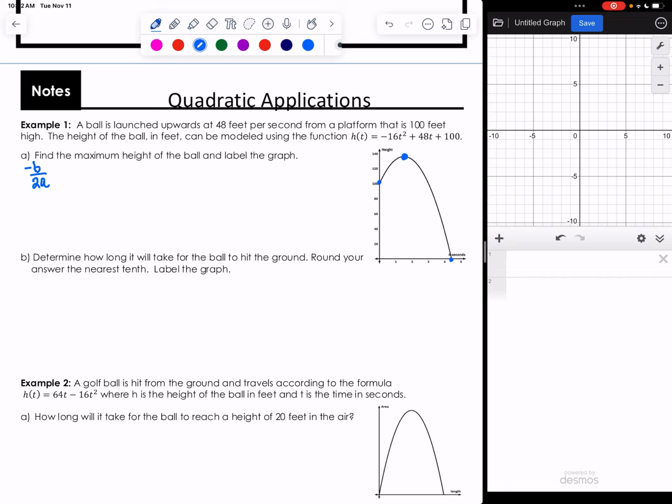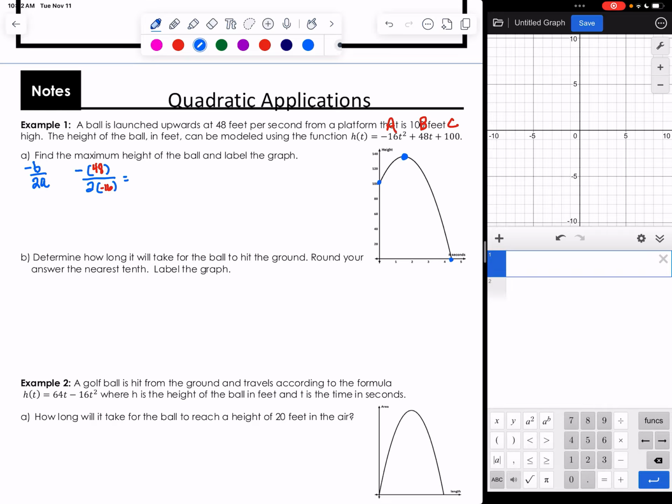So in this problem, our A term is negative 16, our B term is 48, and our C term is 100. So we have opposite something divided by 2 times something. So for B, I'm going to plug in a 48, and for the A, I'm going to plug in a negative 16.